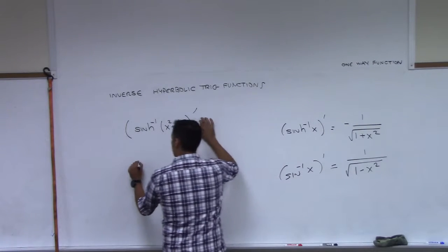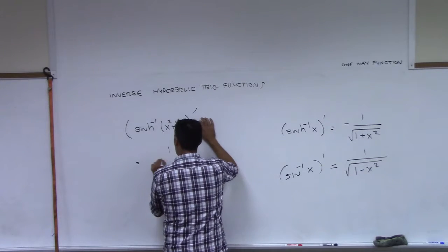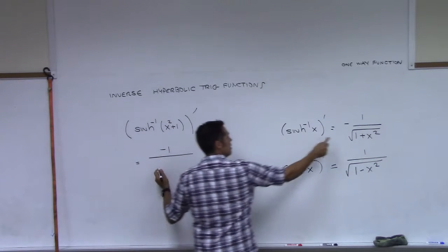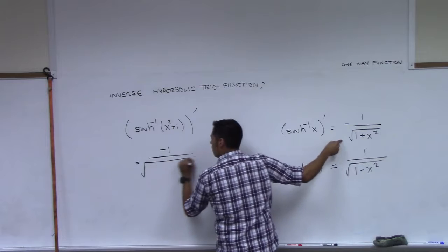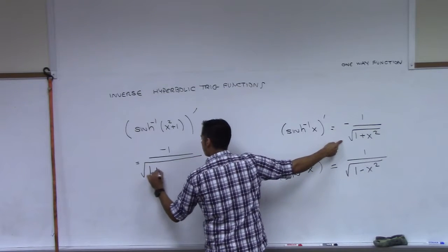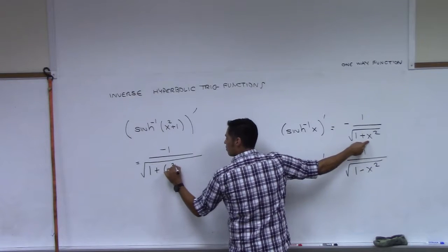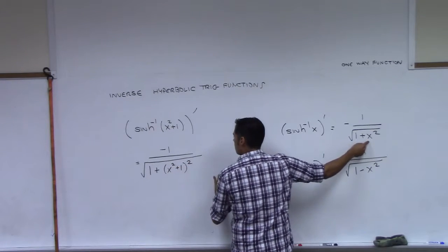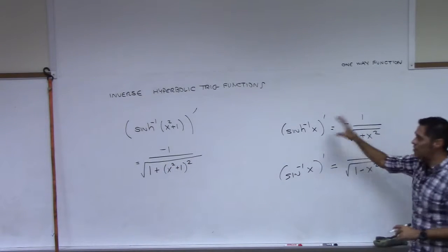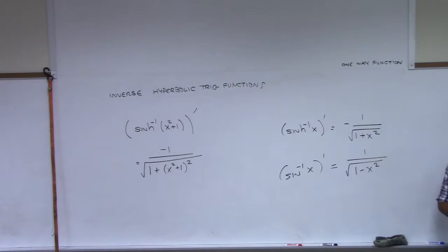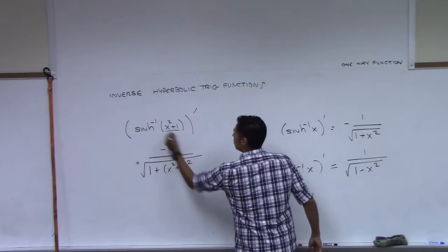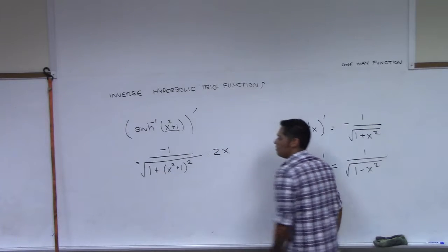So this will become equal to negative 1 over square root of 1 plus x squared, but x for us is x squared plus 1 squared. So that would be the derivative of the arc hyperbolic sine part, and then I still need to multiply, chain rule, times 2x. All right?